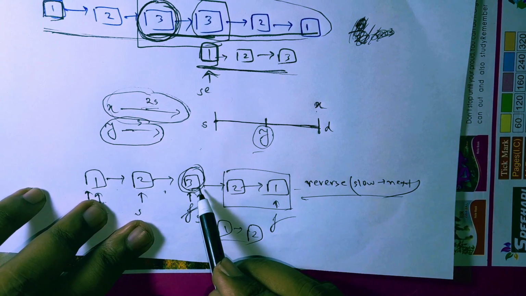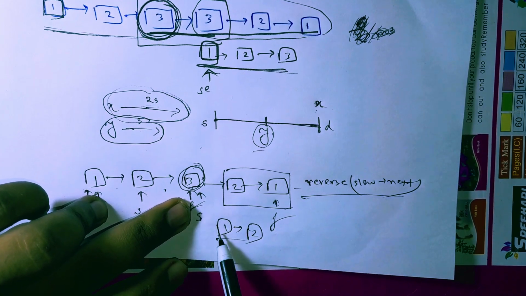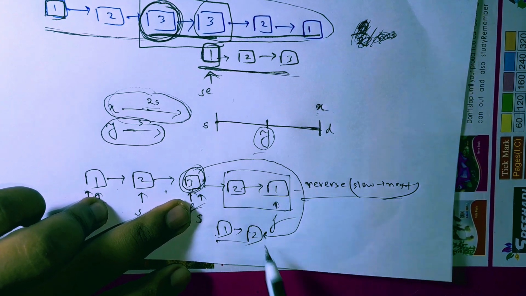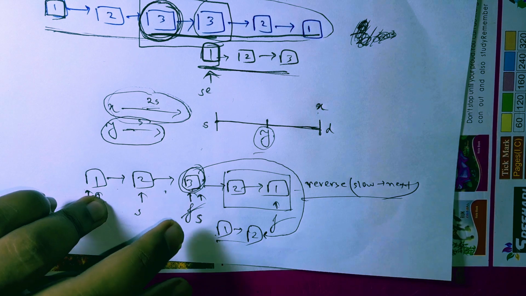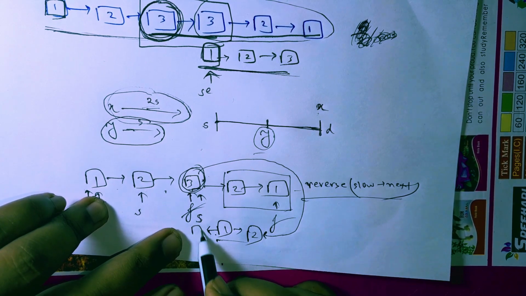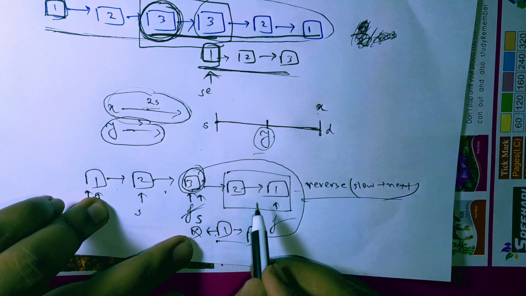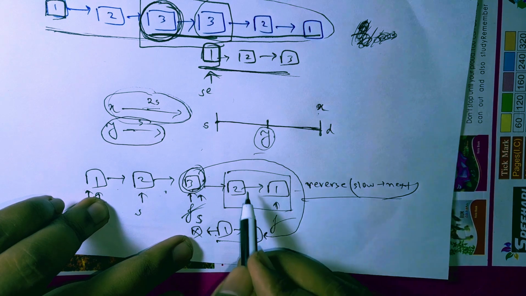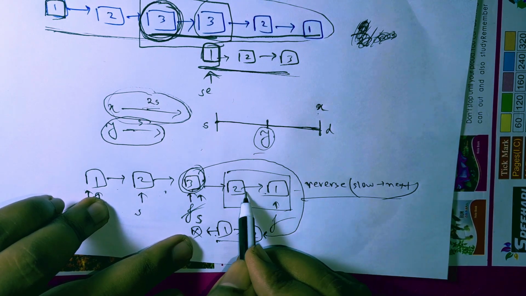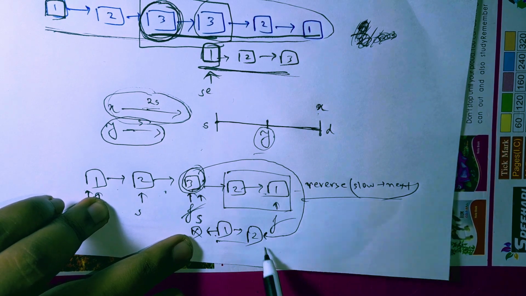But you have to keep in mind, this 3 is not pointing to this 1, this 3 is pointing to this 2, and this 1 will point to null. Okay, hope it is clear. I just reversed the pointer, like 1 is pointing to 2 and 3's next is pointing to 2.